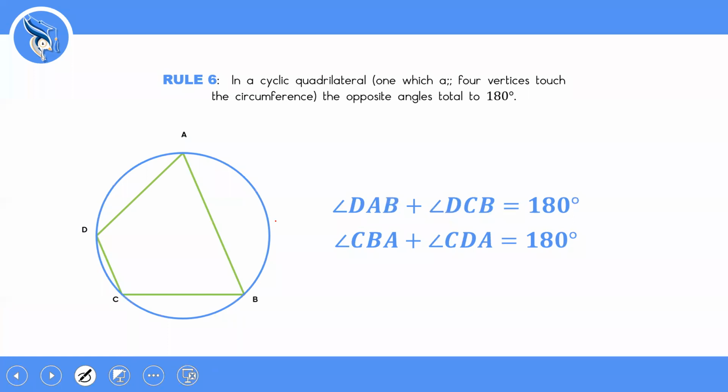Now this one, in a cyclic quadrilateral. A cyclic quadrilateral is a 4-sided figure where all its vertices, or points of connection, touch the circumference.